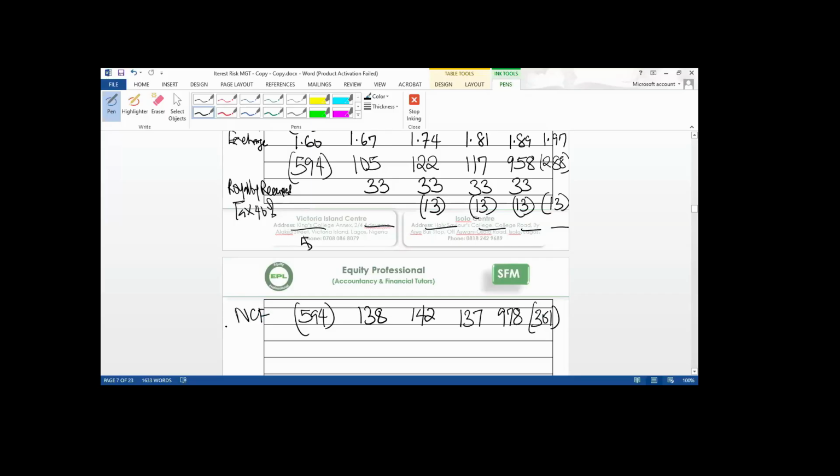net cash flow. Your discount factor at 13%. The examiner says the appropriate cost of capital is 13%. 13% here is 0. This is 1.